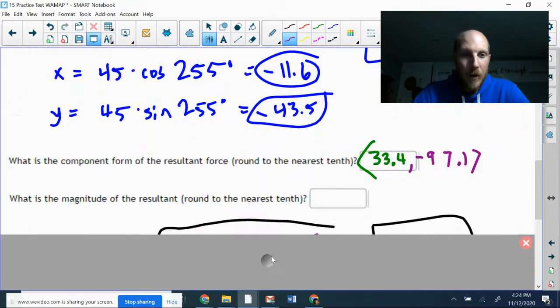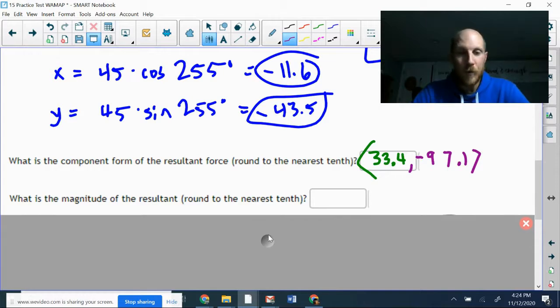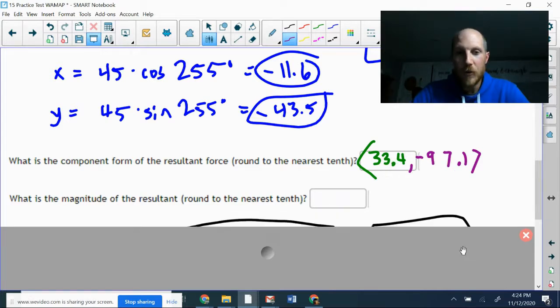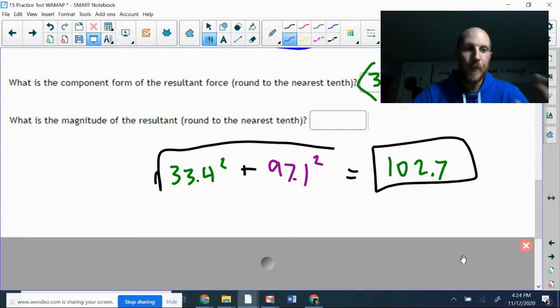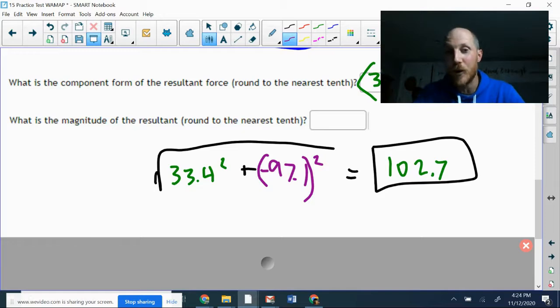All right, then I need to find the magnitude of the resultant. Once I have the component form, I can use the positive 33.4, negative 97.1 to find the magnitude. Here, that negative sign doesn't actually make any difference because I'm squaring it. Whether I have the negative sign on there or not, when I square it, I'm going to get a positive number.